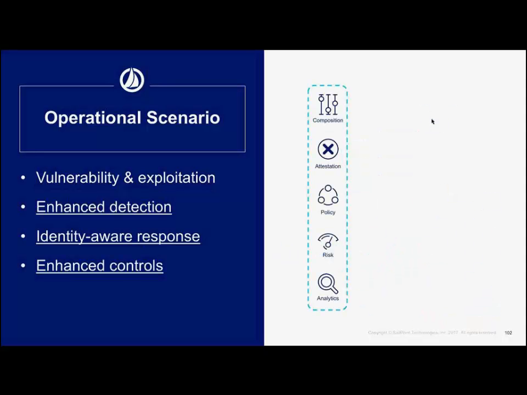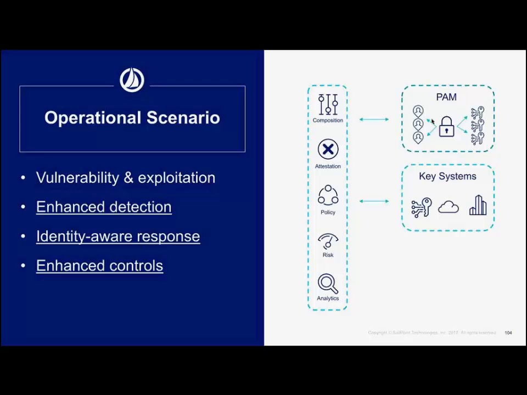The story's not over yet, of course, as you might imagine. Now it's time for some really enhanced controls and governance. Governance is going to force the recertification of the affected PAM vaults. Let's just recertify everything, make sure everything is still clean and as it should be. Let's put attestation and policy checks in for all of our key systems, all the touch systems on-prem and in the cloud.